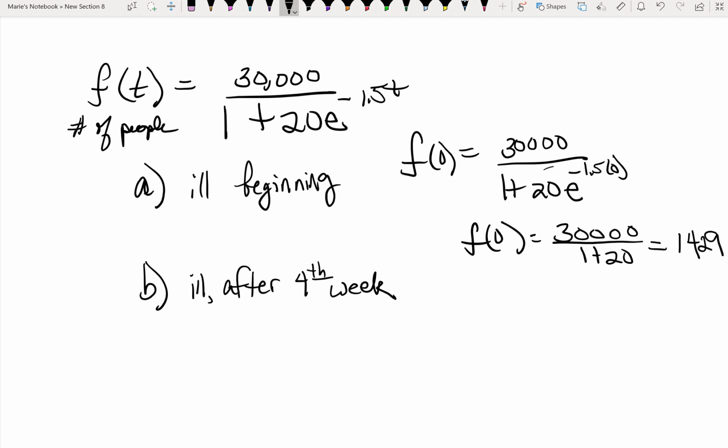All right, so in the same fashion, we would take our model, which in this case would be f of 4, so I guess time is in weeks. So f of 4 is equal to 30,000 divided by 1 plus 20 times e raised to the 1.5 times 4.